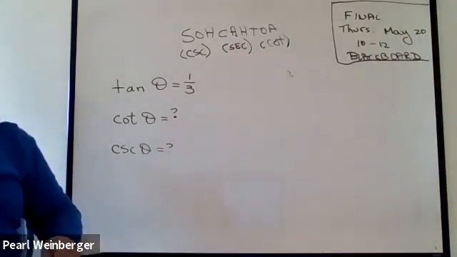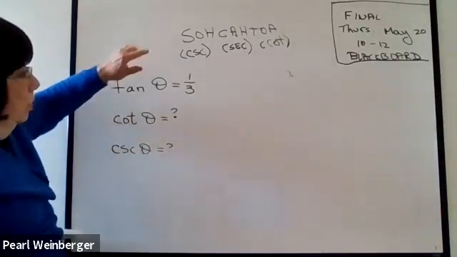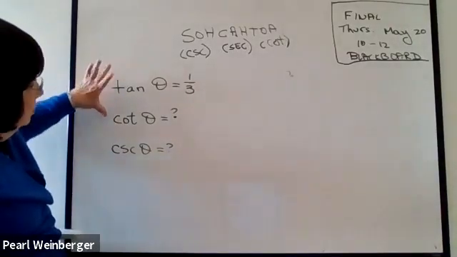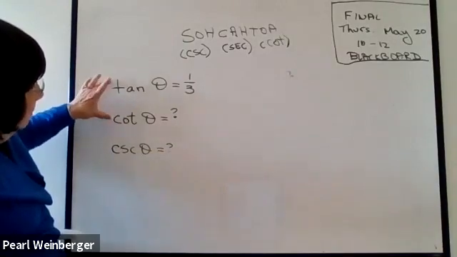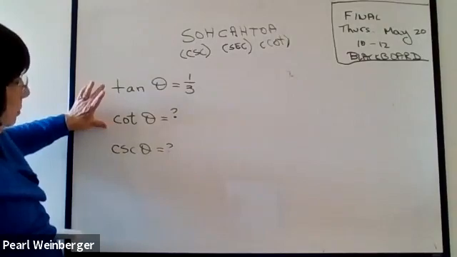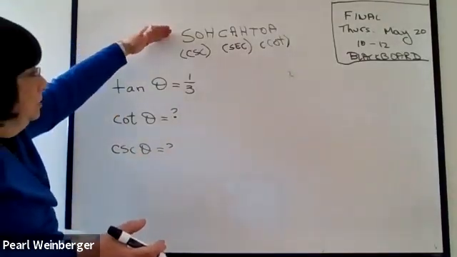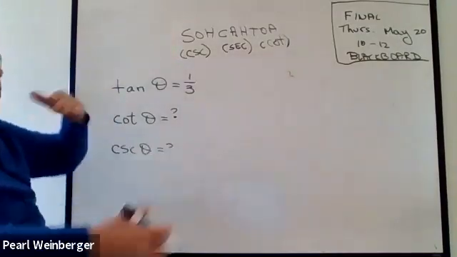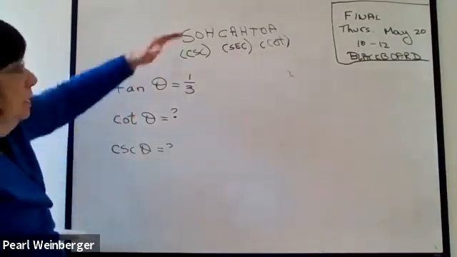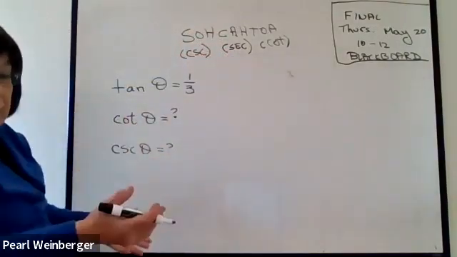Now, one of these is very easy, and that's the cotangent. Because we know the tangent and the cotangent are pairs, they are reciprocals of each other. I don't have to do any work. If they give me the sine and ask for the cosecant, just flip it over. If they give me the cosine and ask for the secant, just flip it over.